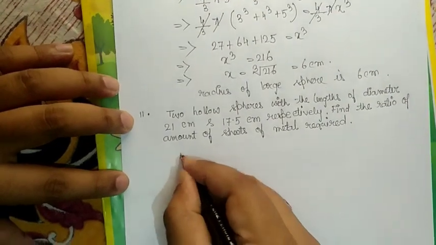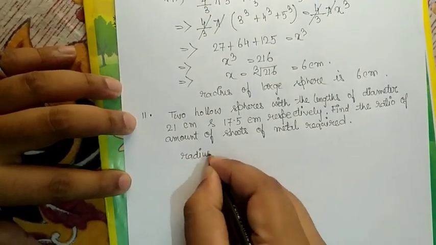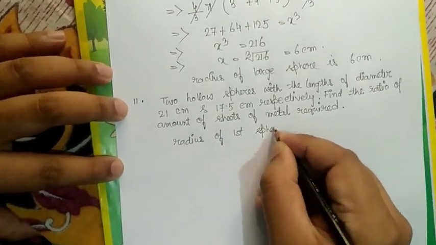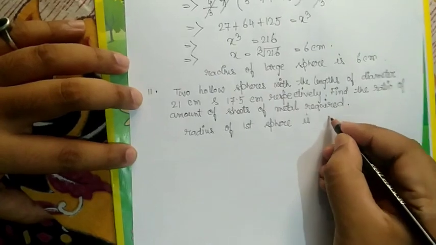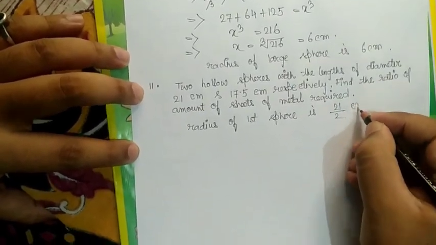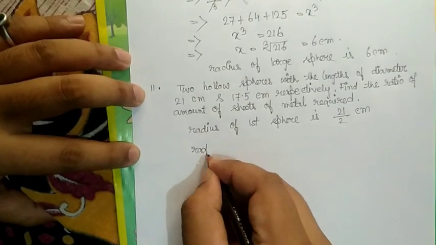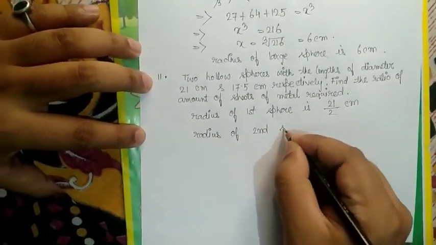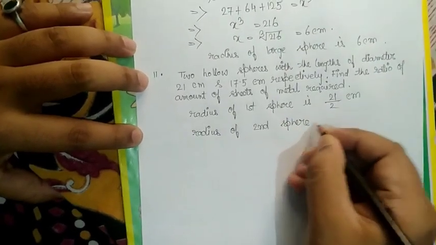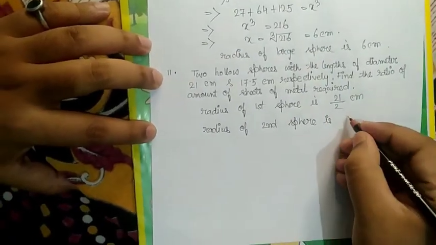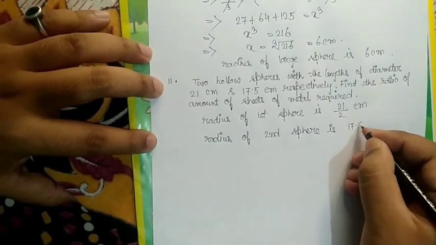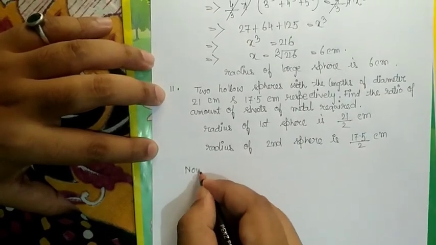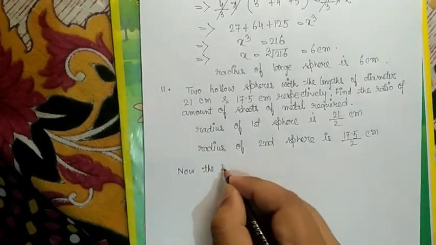Now radius of first sphere is 21 by 2 centimeter and the radius of second sphere is 17.5 by 2 centimeter.